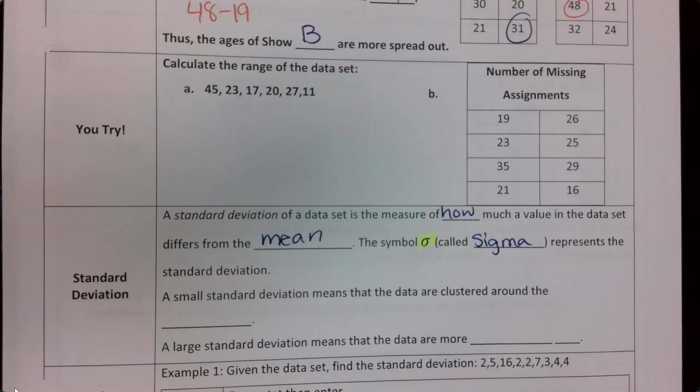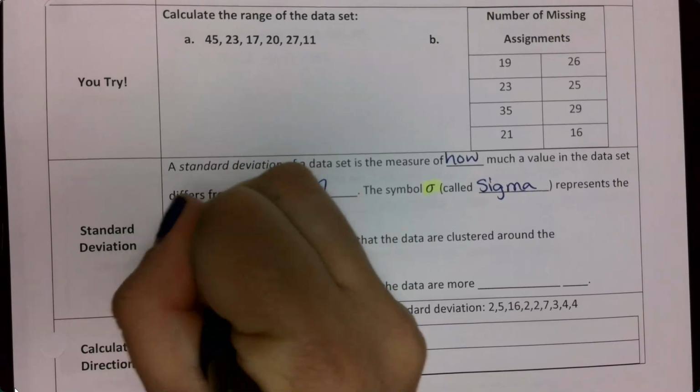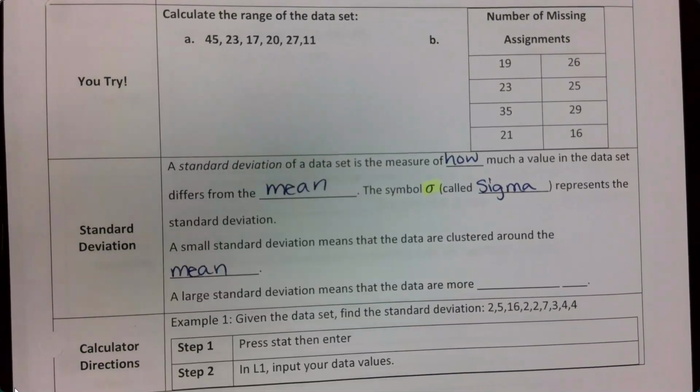The smaller this number is, the closer it means that the data is around the mean. And a large standard deviation means that the data is more spread out.